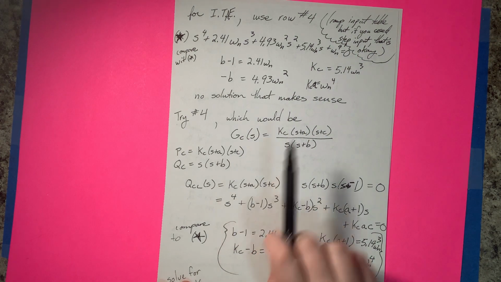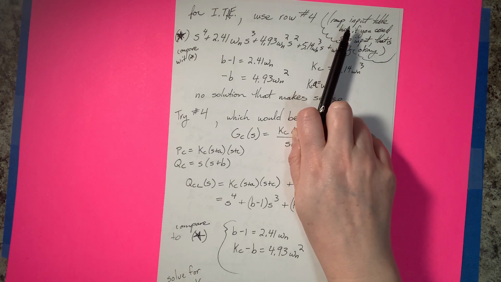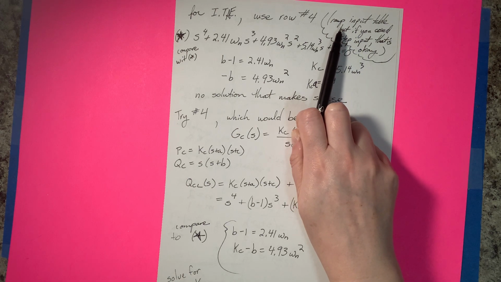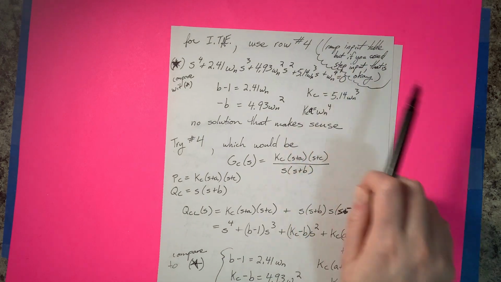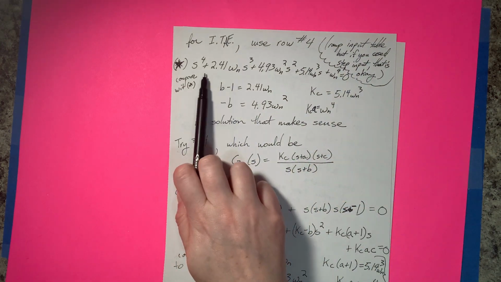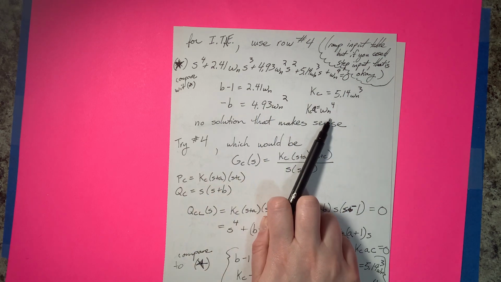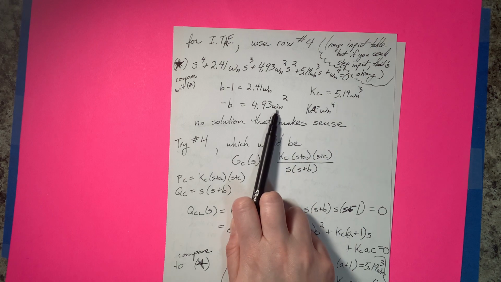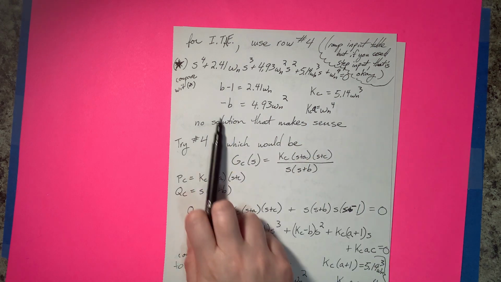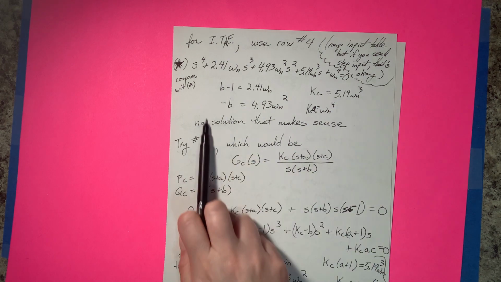I used ramp because we're trying to track a command signal, and that makes a little more sense than the step input table. So we write out our equations and we get these equations here. However, if you try to solve these, no matter what your omega sub n is, you won't find any solutions. We really can't solve these.